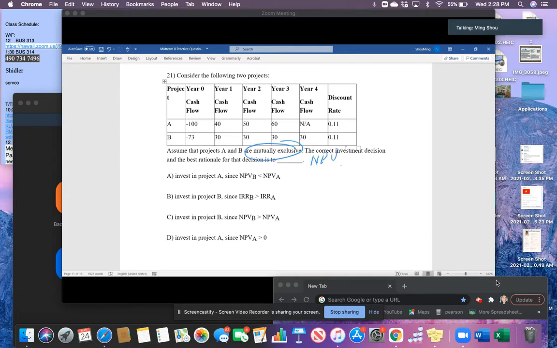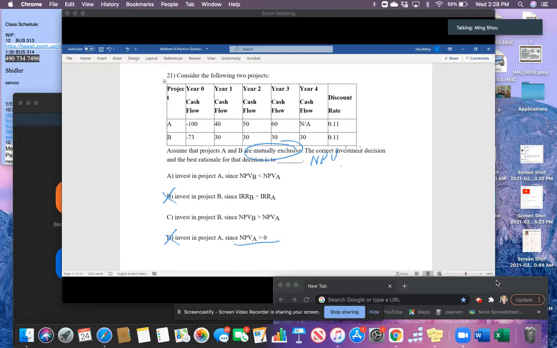So we can immediately exclude option B, and also we can exclude option D, because simply saying NPV is larger than 0 cannot help us make the decision. We need to compare the NPV for project A with the NPV for project B, right? So in this case, we simply calculate the NPV for each project.